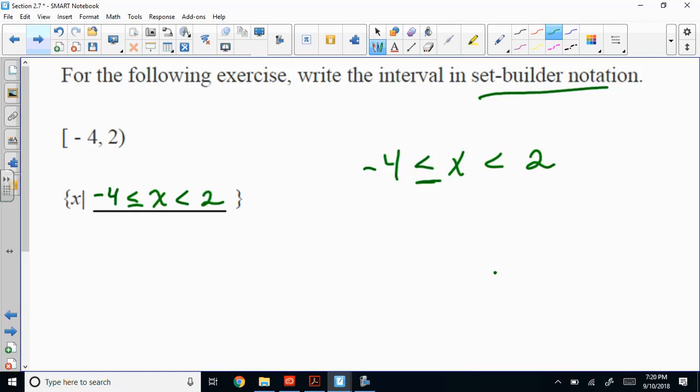Because it's compound, it's an "and", it'll be between those. You don't have infinity or negative infinity on there, so you're looking between 2 numbers, which tells you that it's an "and" because it's an intersection, right?